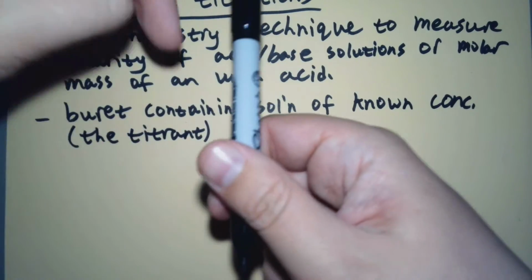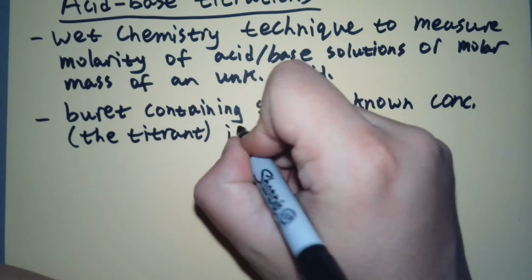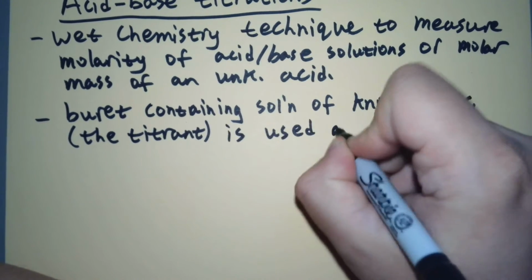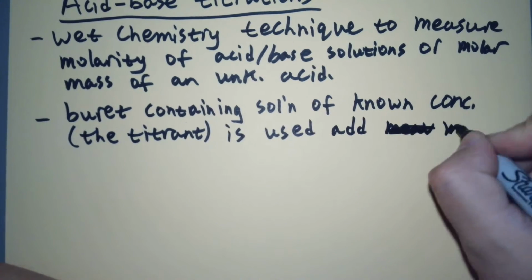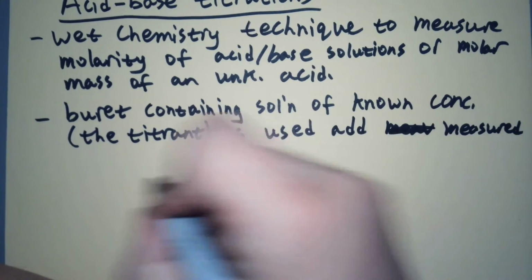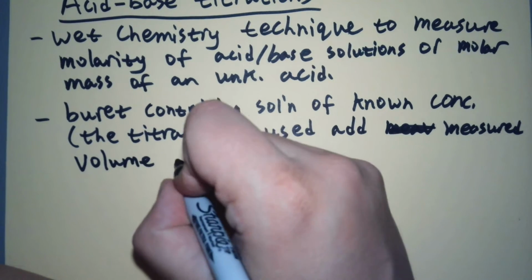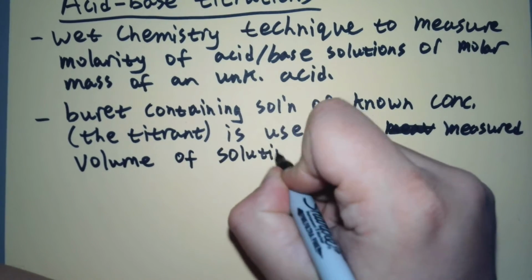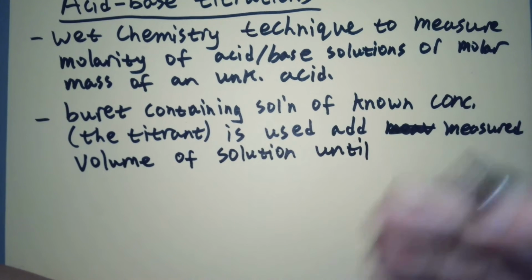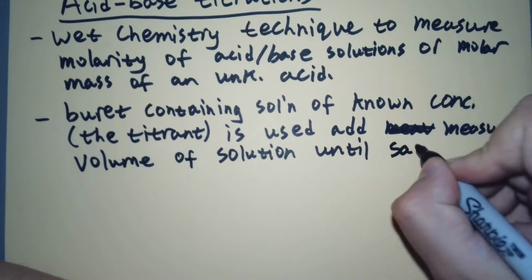So we titrate with the titrant, and it is used to add measured amounts, volumes, of our known solution, and we keep adding it until the sample is neutralized.